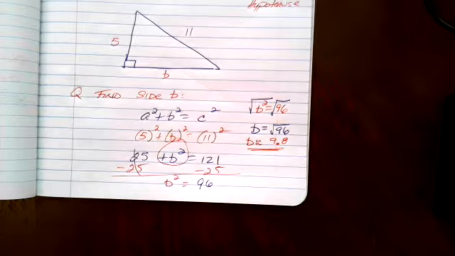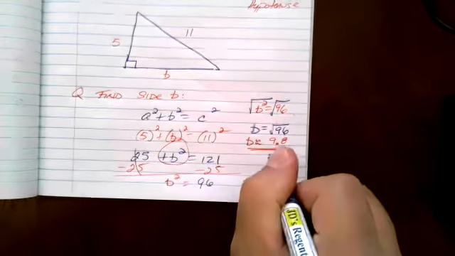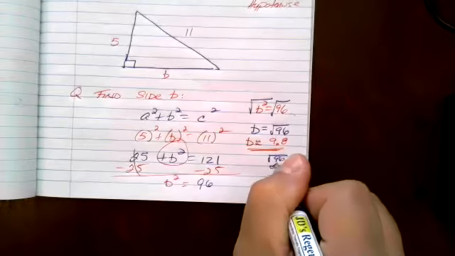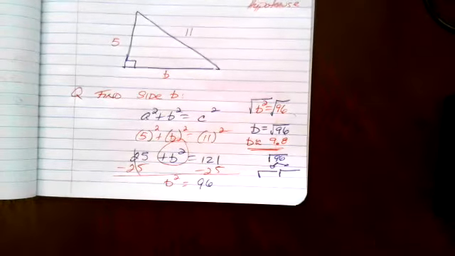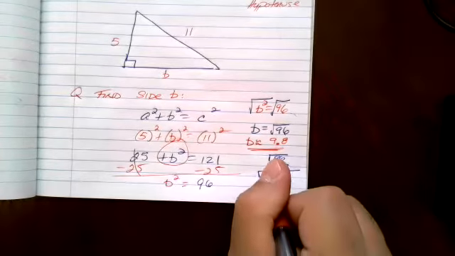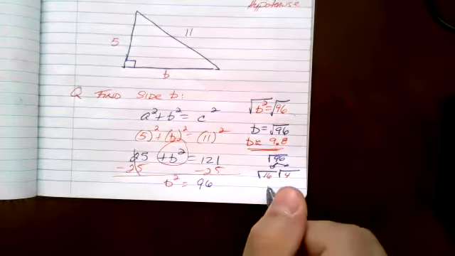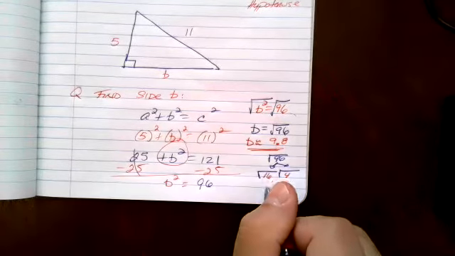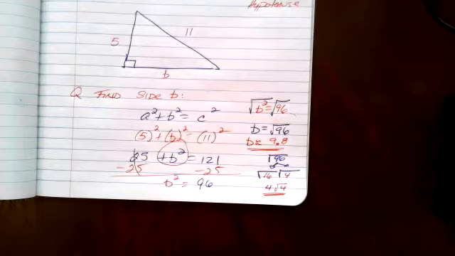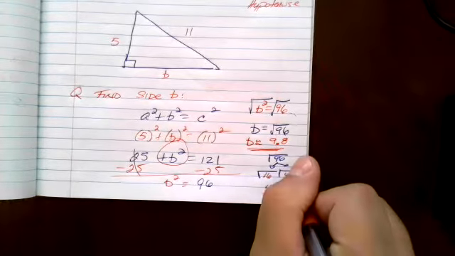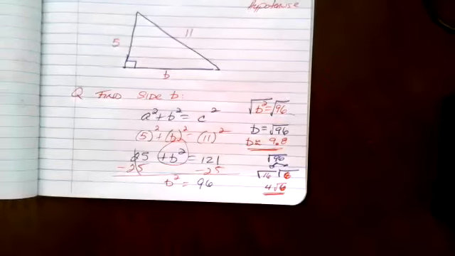If they wanted it in the simplest radical form, we'd have to simplify this 96. We'd have to break this up to simplify this radical. We'd have to say, what's the largest perfect square that goes into 96, which is 16. And then the square root of 16 is 4. In simplest radical form, oops, I wrote, this should be a 6. 16 times 6.